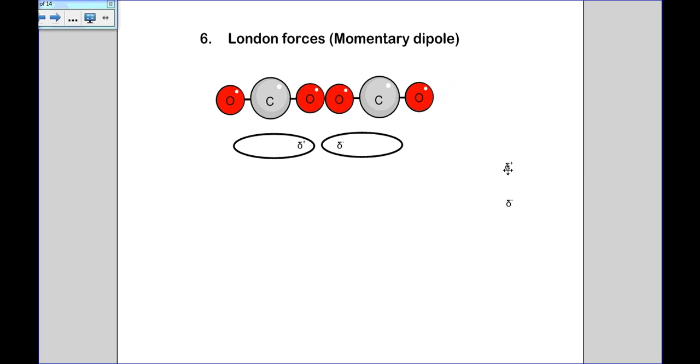And as a result, we have a momentary dipole forming, an induced dipole force, and for a short while we get extremely weak intermolecular forces that are formed, and those are called London forces.